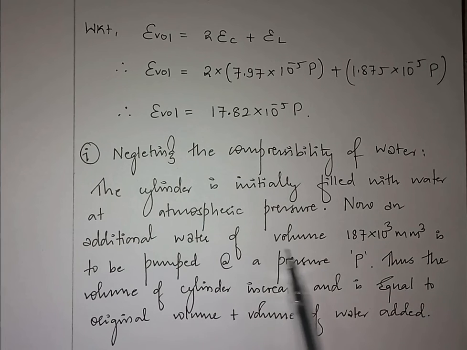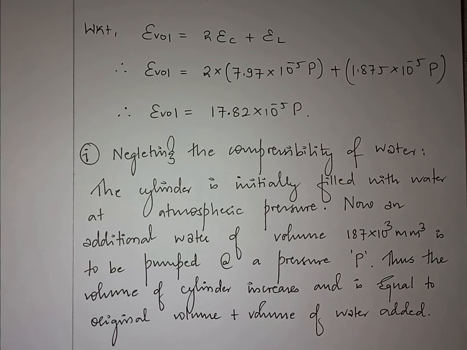Now an additional volume of 187 into 10 raised to 3 mm cube is to be pumped at a pressure P. So when you are putting some additional volume of water into the cylinder, the volume of the cylinder is going to increase, right? So the final volume will be equal to the original volume of the cylinder plus the volume of water added.